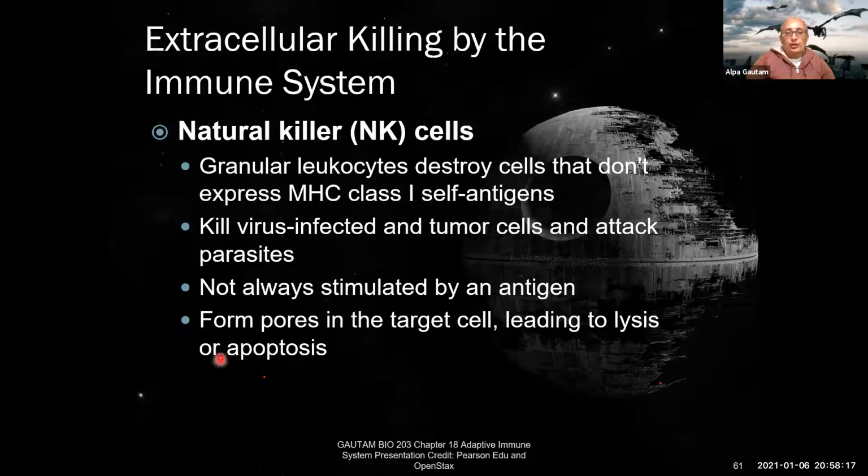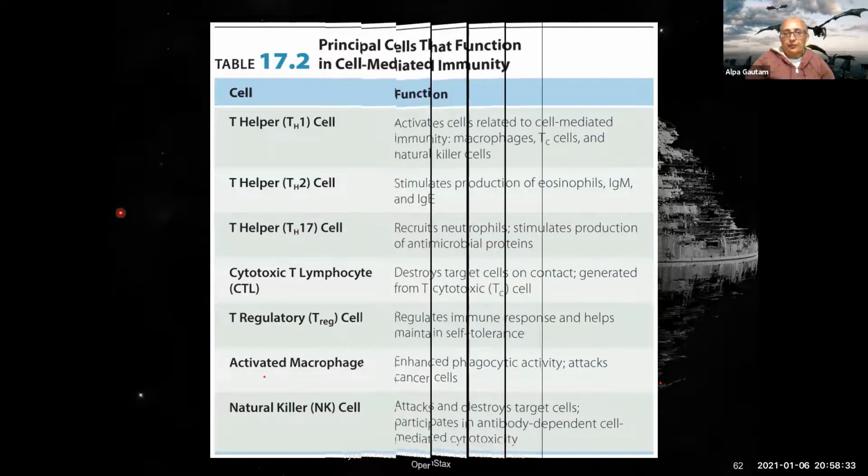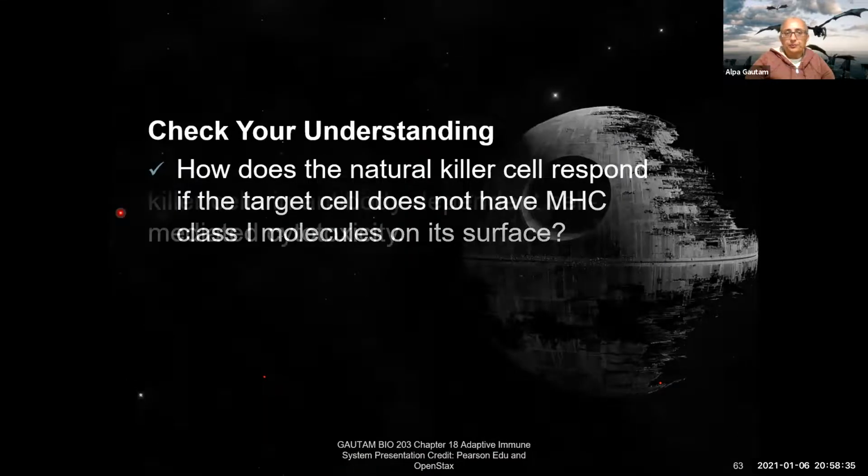What they do is cause pores to form on the target cell, causing lysis or even apoptosis. Okay, so this is a great slide to study from, it gives you everything in a nice table.